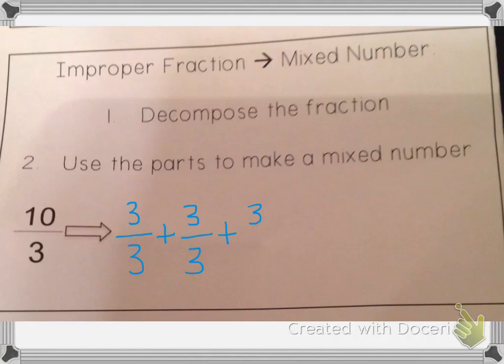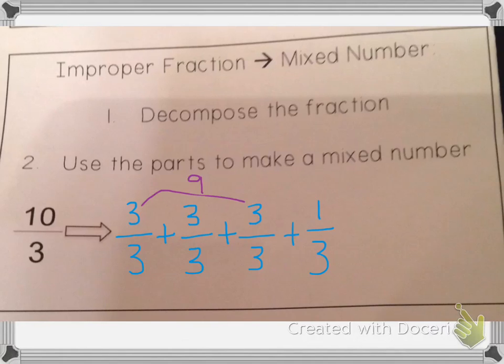I can add another 3/3, and that puts me at 9/3 so far. And I need to get to 10, so I'm going to add one more third. Because 3 plus 3 plus 3 plus 1 is 10.